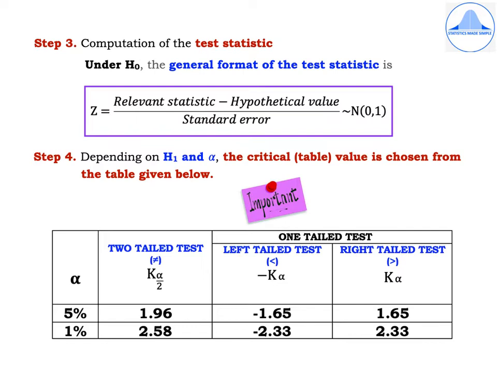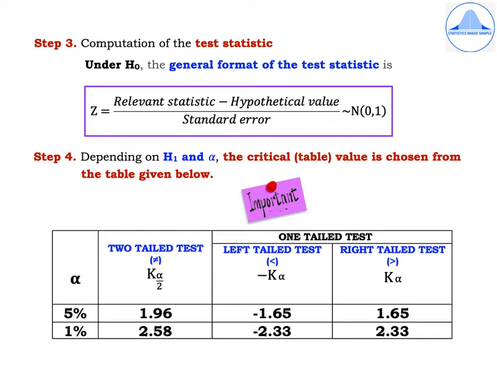And keep in mind that the denominator of the test statistic always gives us the standard error. So it's important to remember this because we get 2-mark problems based on the standard error, and the standard error keeps changing for every test statistic which we are going to learn.